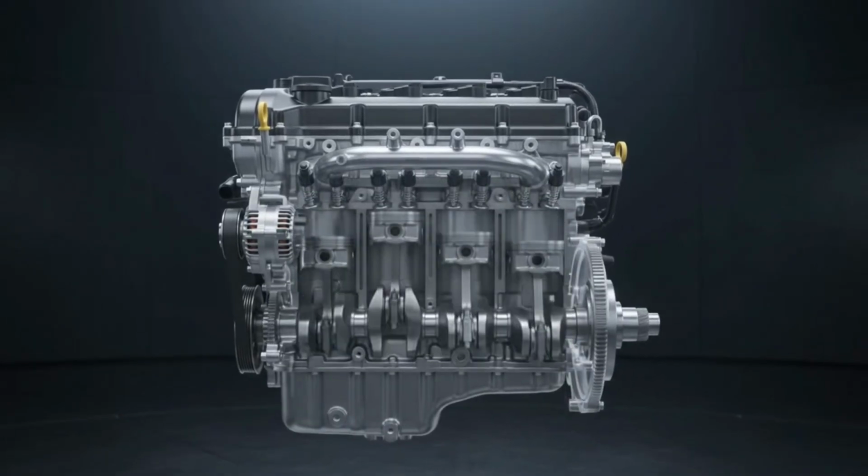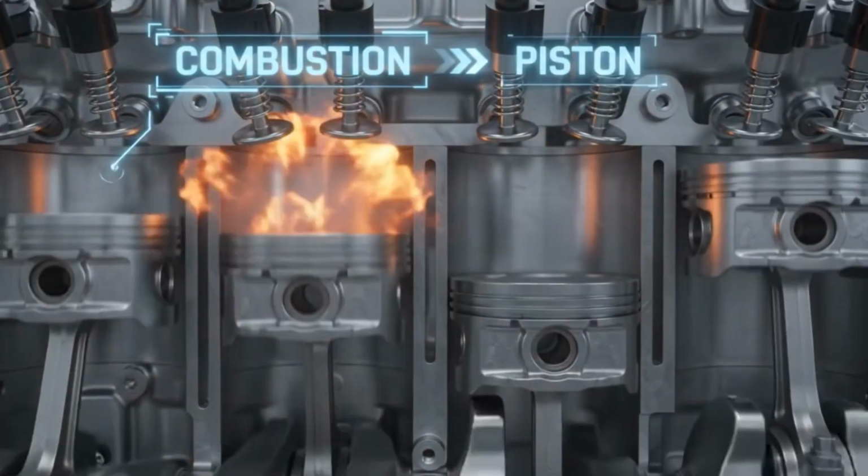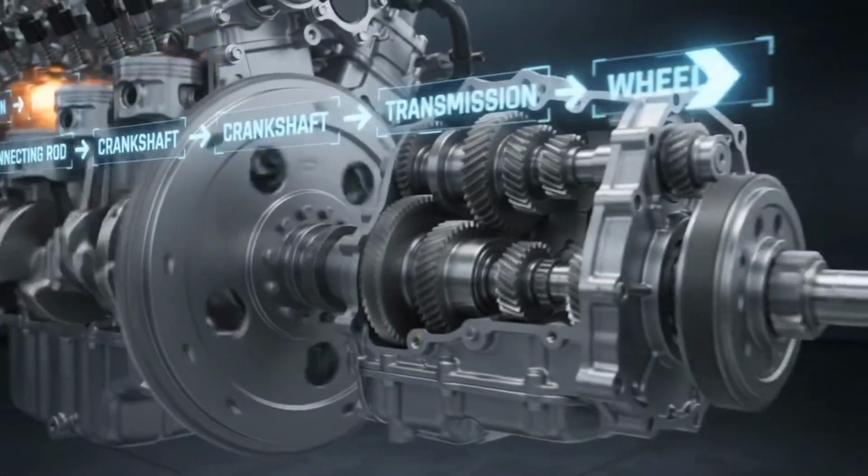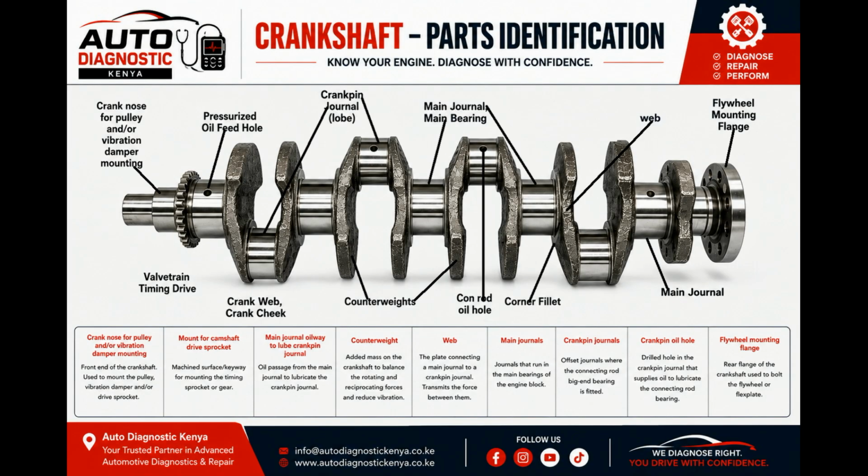Hello, people. Today we are going to learn about the crankshaft in a deep dive way. This is a part that turns the engine power into rotation. We look at the main journals, the crankpins, the webs, the crank radius, balance masses, oil ways, flywheel, spigot bearing, timing drive, and even the manufacturing processes that help the crankshaft survive millions of engine life cycles.